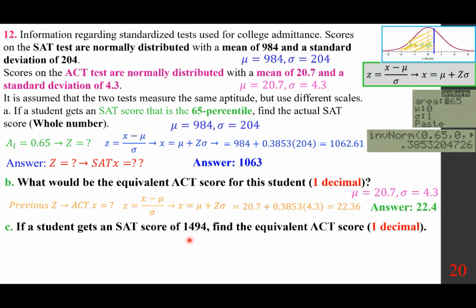Up here, use the process to find the z-score, and then from the z-score of SAT, go to the X value of ACT. That's the concept. So for SAT, X is 1494. We need to find the Z. After we find the Z, we go to the X value for ACT. That's the process, everybody.